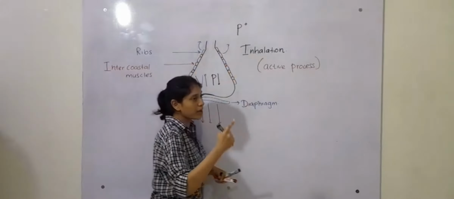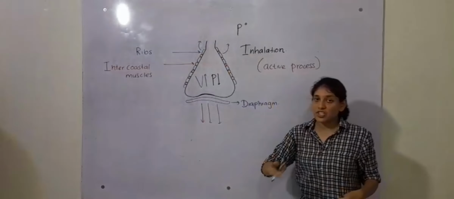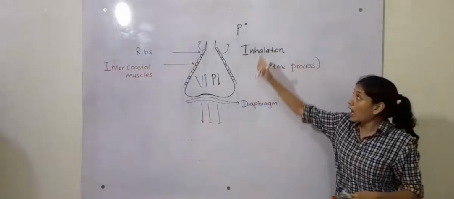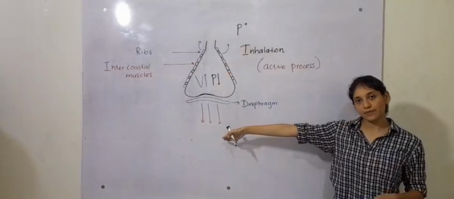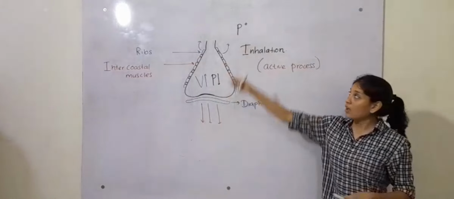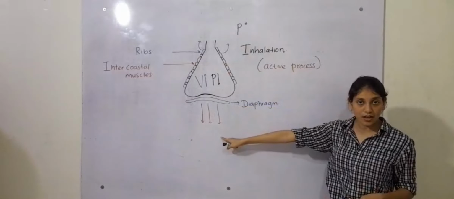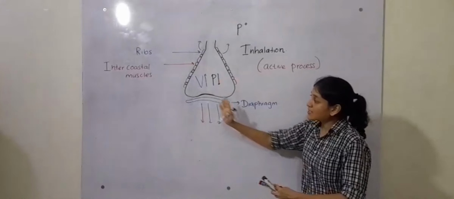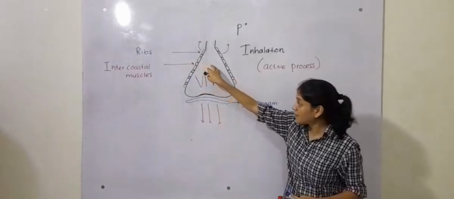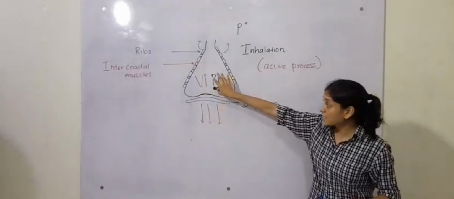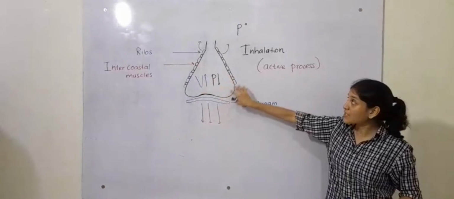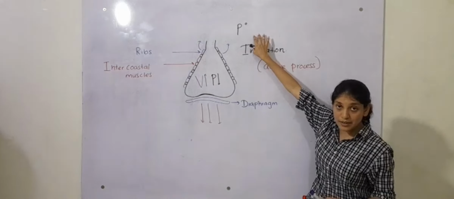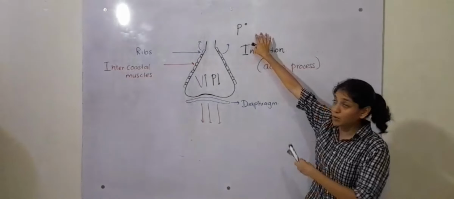I taught you always gases move from high pressure area to low pressure area, understood? So when the size of the thoracic cavity increases and the volume is increased, the pressure decreases. It will be lower than the atmospheric pressure.